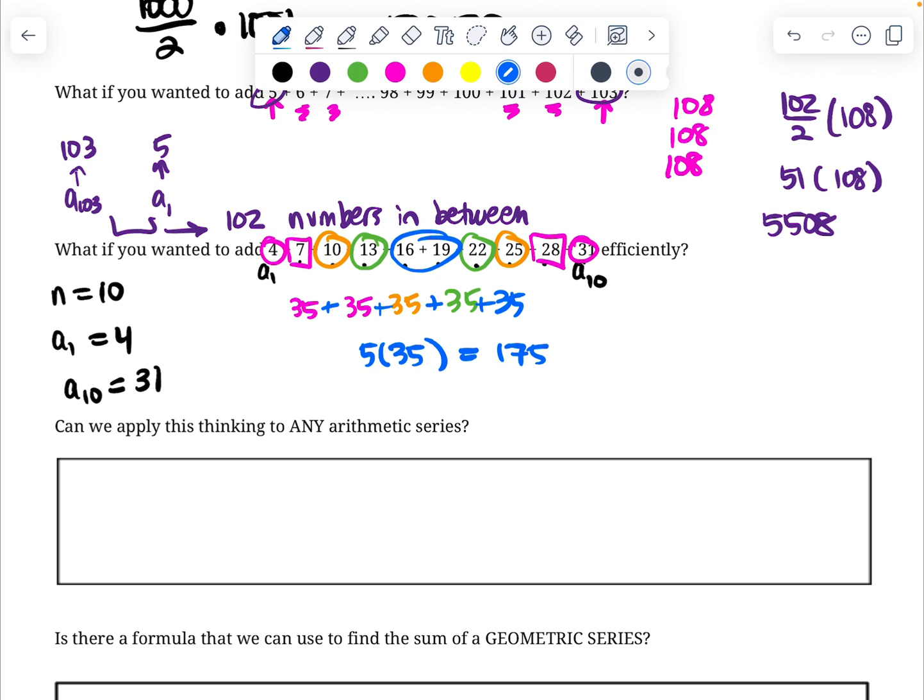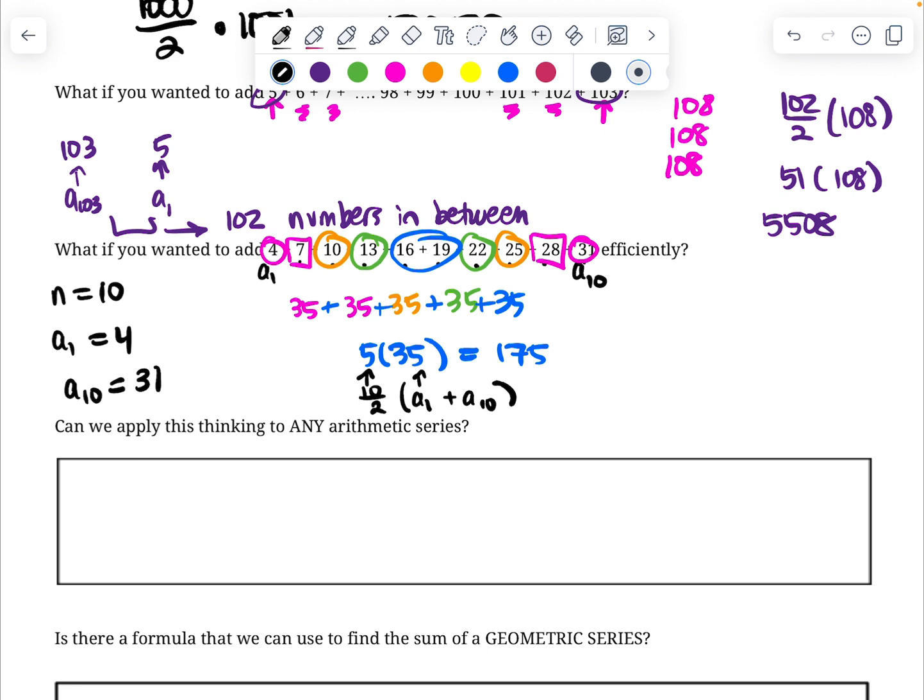Okay, so how does this translate? How can we apply this to any sort of formula? Well, let's take a look. If I take the fact that 5 is 10 cut in half, and the fact that the 35 comes from taking the first number and the last number, in this case A10, I can then make a formula for any.